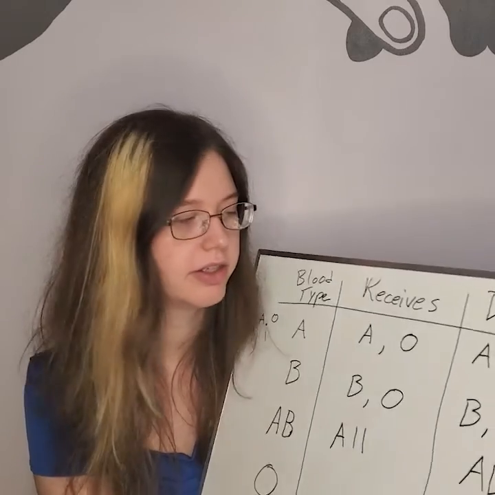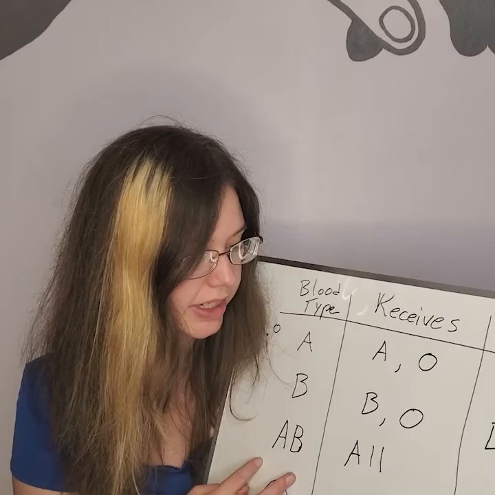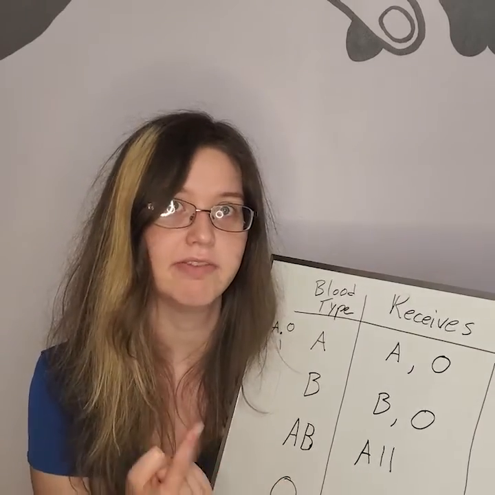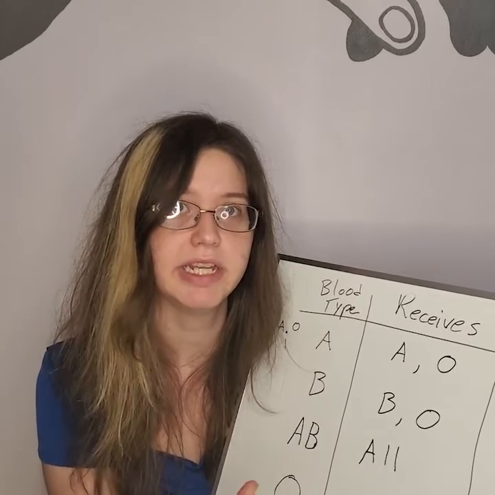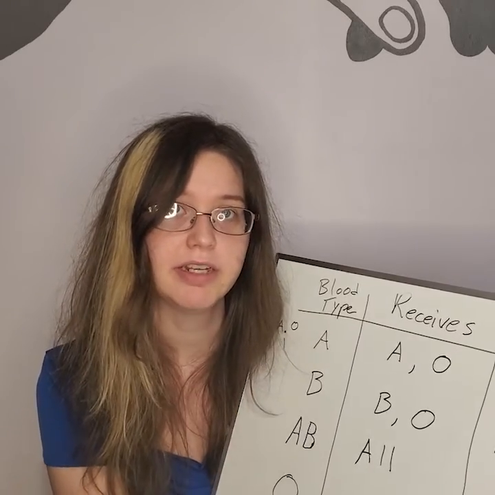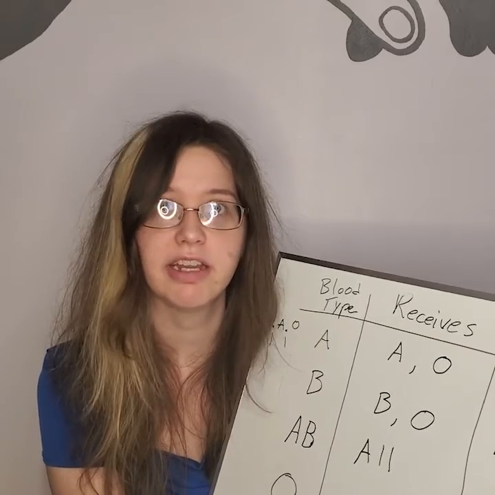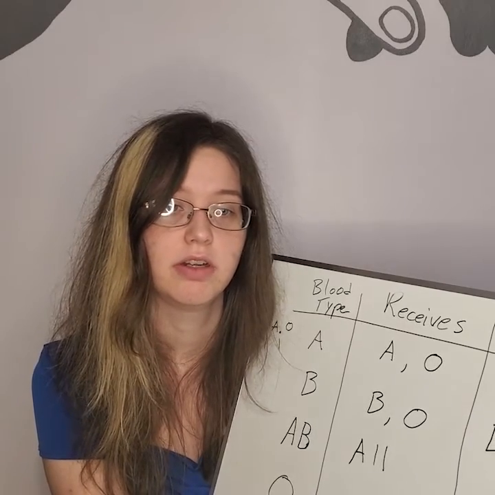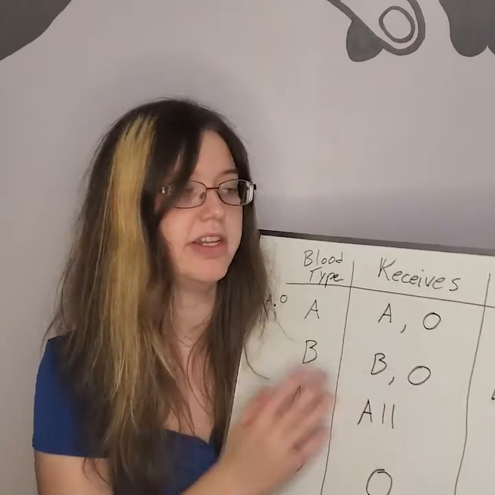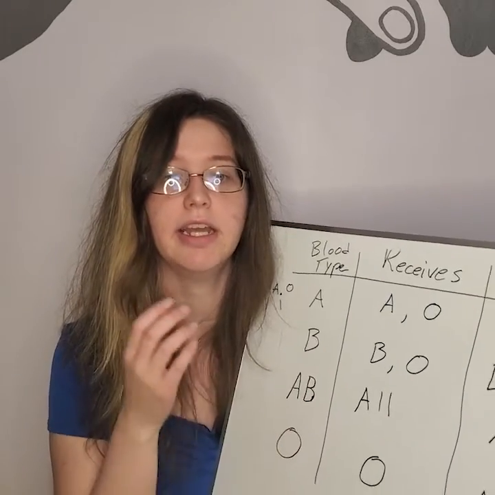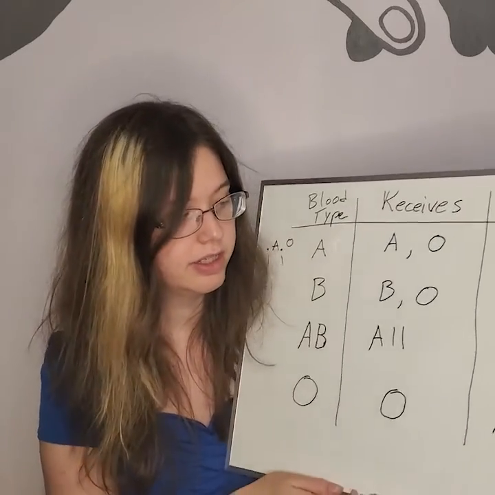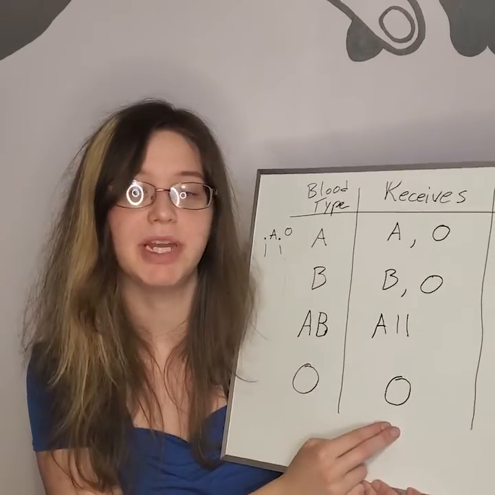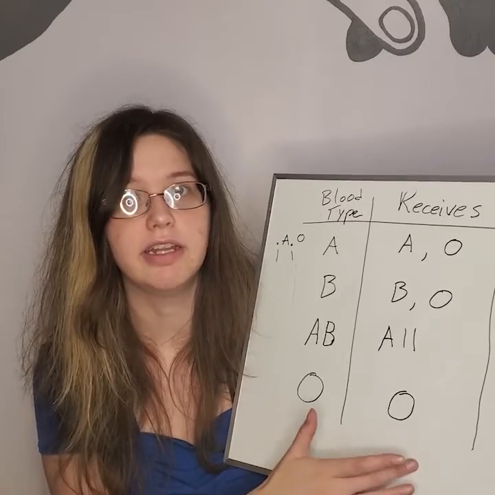AB can receive blood from all, because it can receive blood from A, it can receive blood from B, and it can receive blood from O, because it doesn't have antibodies against any of them. And it can only donate to itself, because all of the rest of these have some sort of antibodies against A or B. And then O. O can receive blood from type O, because nothing and nothing.